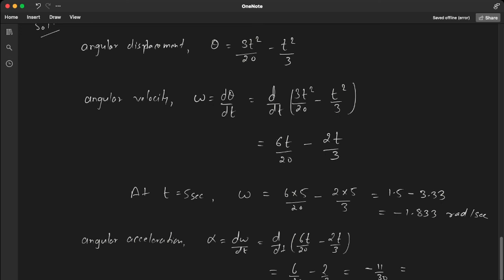This is minus 0.366 radian per second square. This is the constant value because the value of alpha is independent of time. So angular acceleration is constant here. This was the answer of the fifth question, last question of rotational dynamics. Thank you, everyone.